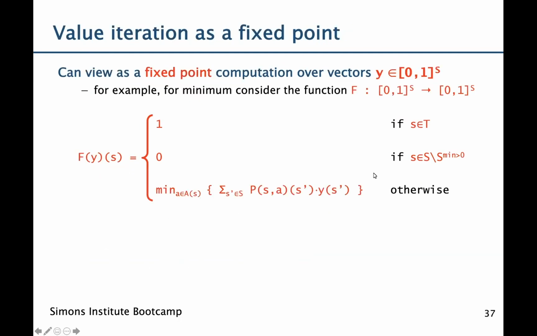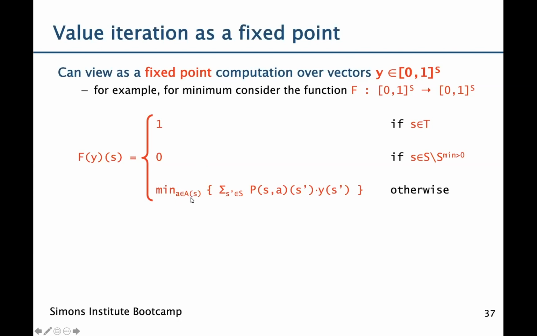We can view this as a fixed point computation, similar to the case for DTMCs. For example, in the minimum case, we can consider the function that goes from probability vectors to probability vectors, where it returns 1 if the state is in the target, 0 if the minimum probability of getting to the target is 0, and otherwise we do the same thing as previously.